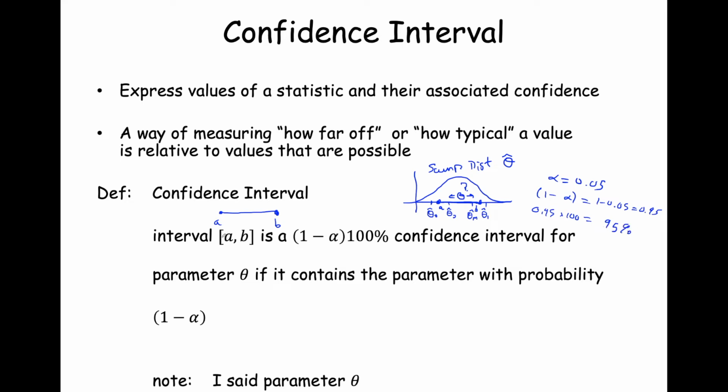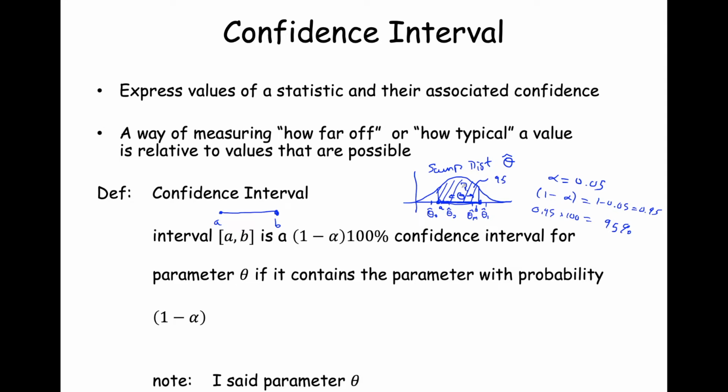And an interval AB is a 1 minus alpha times 100% confidence interval for some unknown parameter theta if there's a probability of 1 minus alpha that this parameter is going to fall within the range between A and B. So what does that mean? It says if we were to take the area under the curve for the sampling distribution for theta hat, that's going to be 95% of the probability mass.